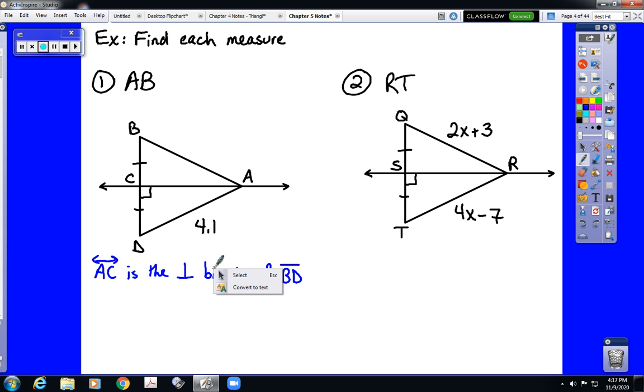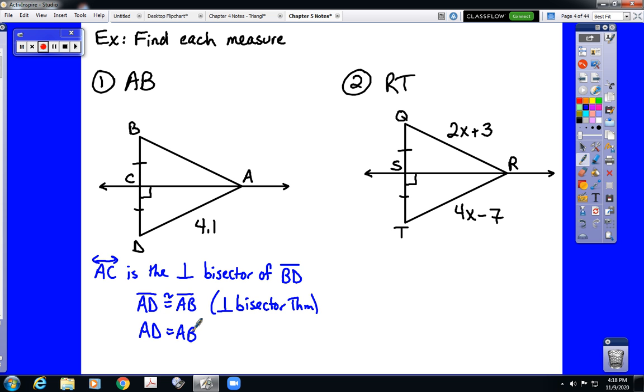Well, we've got the perpendicular marking in the form of the right angle, and we have the congruence markings indicating that C is the midpoint. This immediately tells us that AD must be congruent to AB by the perpendicular bisector theorem from the previous slide. Which means, by the definition of congruence, AD is equal to AB, meaning that AB is 4.1 units.